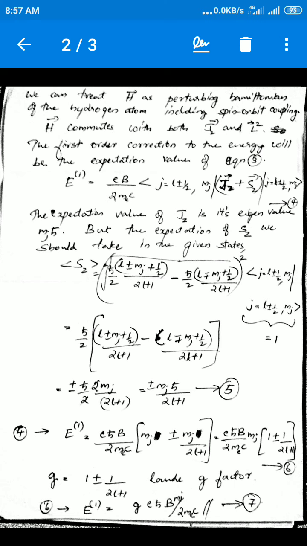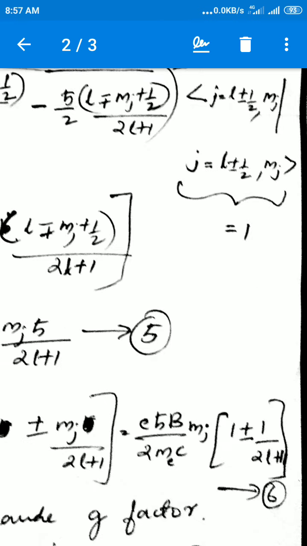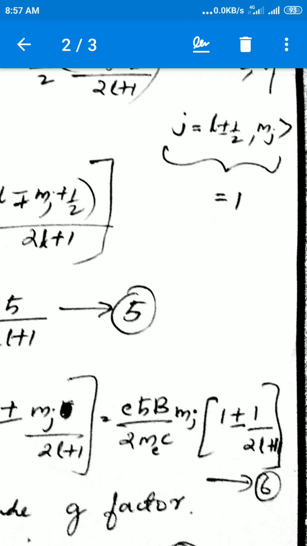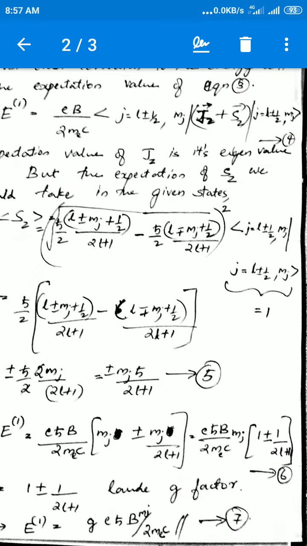Jz has expectation mj h cut and Sz has expectation plus or minus mj h cut by (2l plus 1). Substituting that, equation 4 gives E1 equal to eB by 2mec, with h cut taken outside, and mj also taken out. So inside the bracket it will be 1 plus or minus 1 by (2l plus 1).